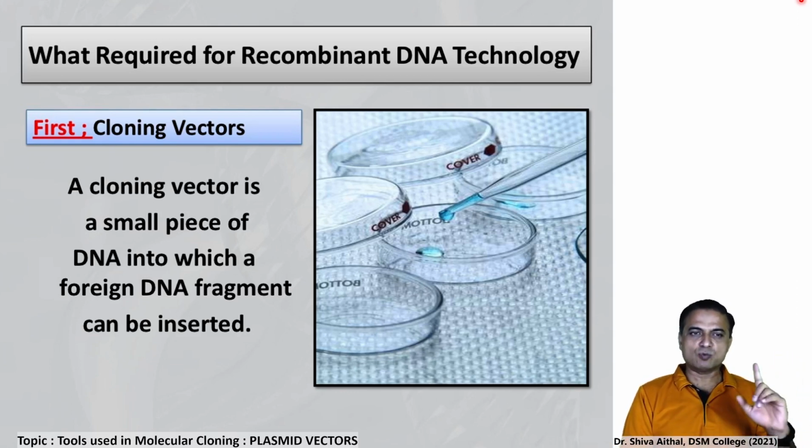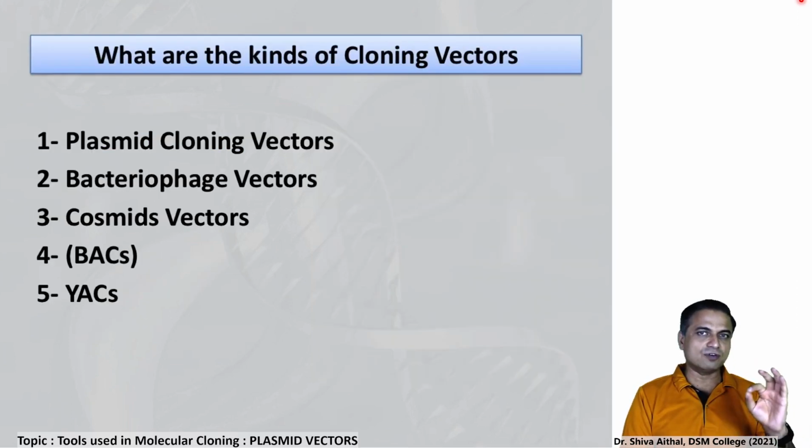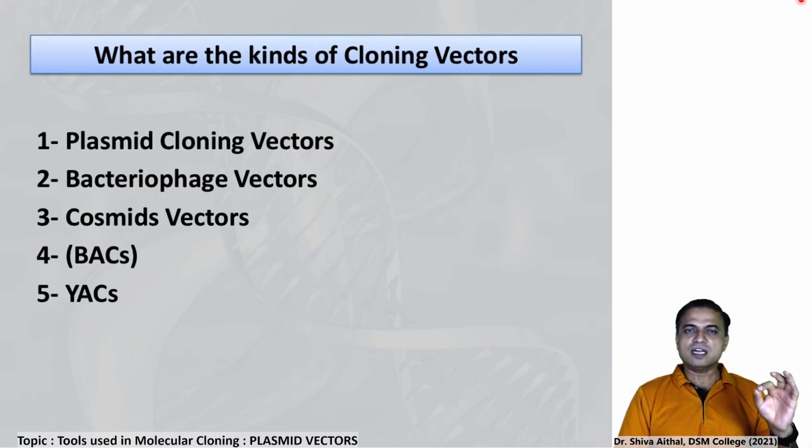A cloning vector is a small piece of DNA into which a foreign DNA fragment, that is your gene of interest, can be inserted. There are various kinds of cloning vectors available in the field of research and molecular biology today. The techniques which employ rDNA technology use these types of cloning vectors: plasmid vectors, bacteriophage vectors, cosmid vectors.